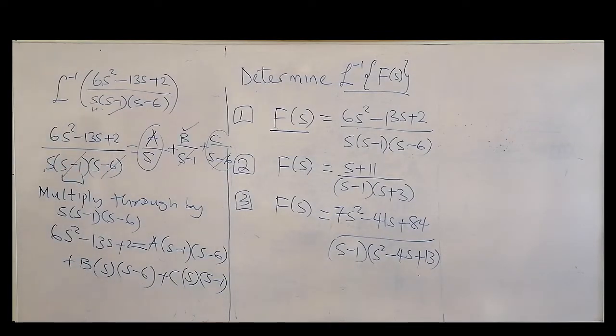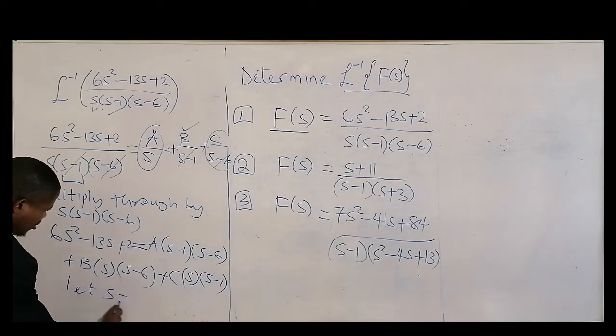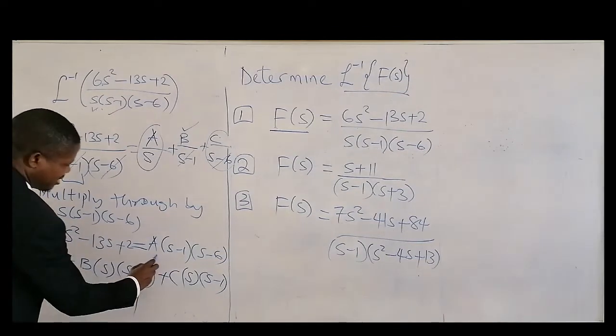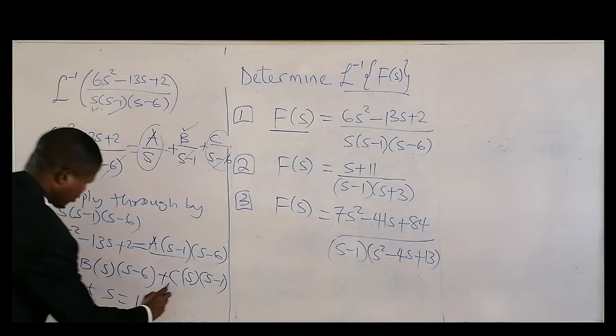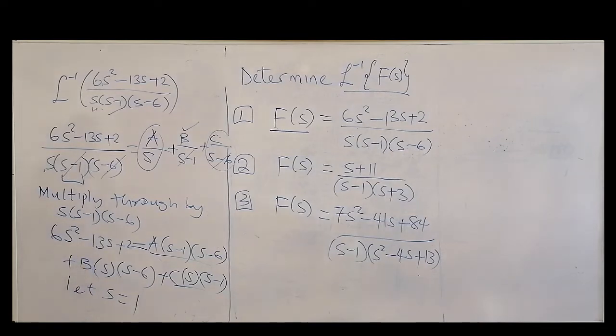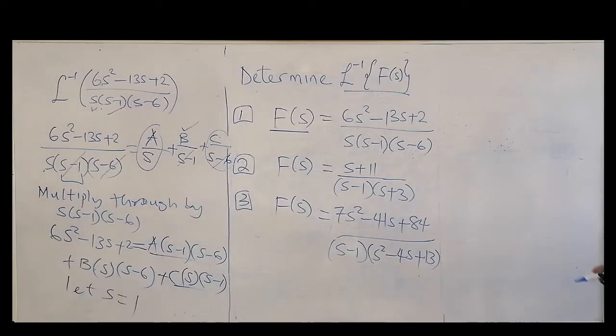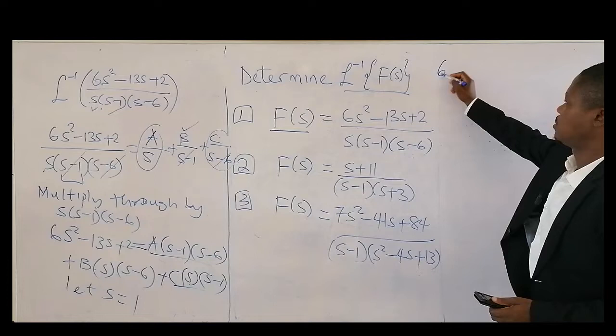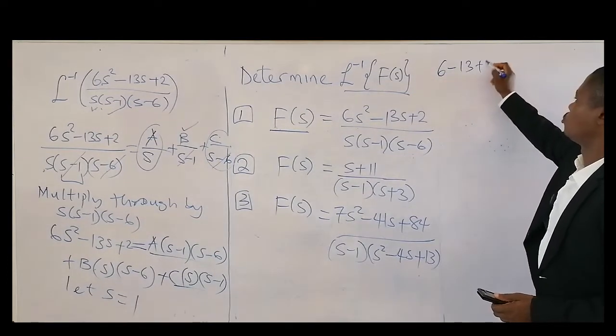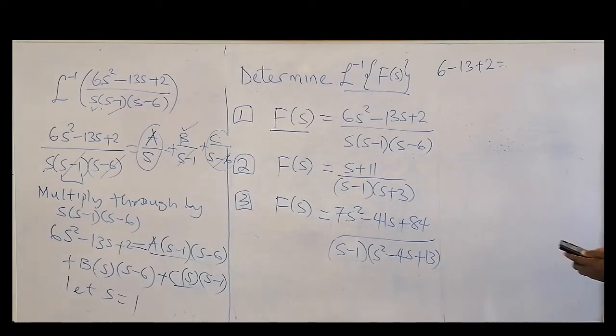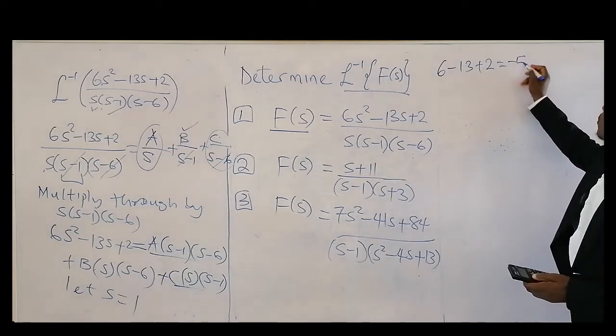Then the next thing to do is to use a substitution method and see which terms cancel. Let x be equal to 1. If x is 1, this will cancel and this one also will cancel, then we can get b. On the left hand side, we have 6 minus 13 plus 2, that's minus 5.